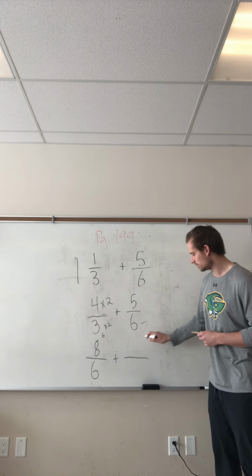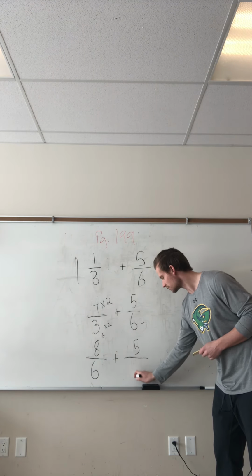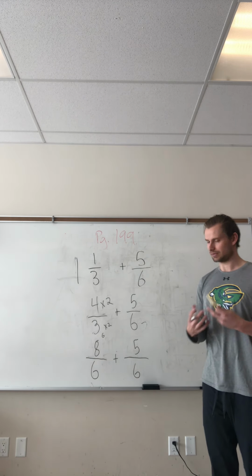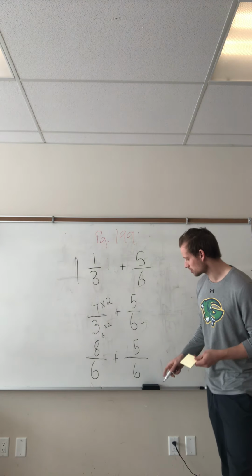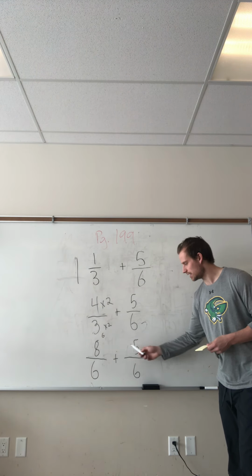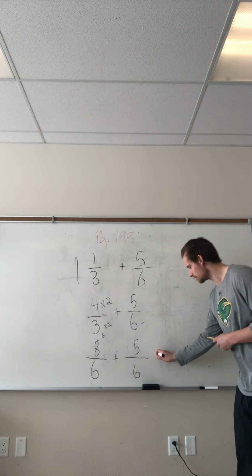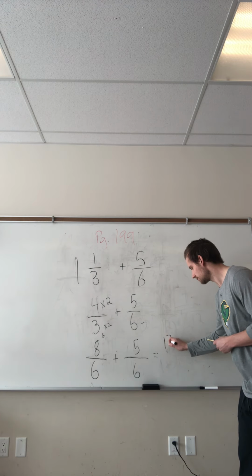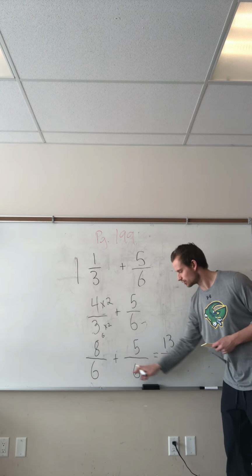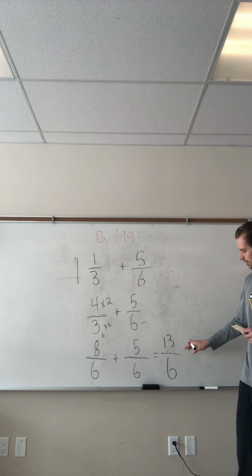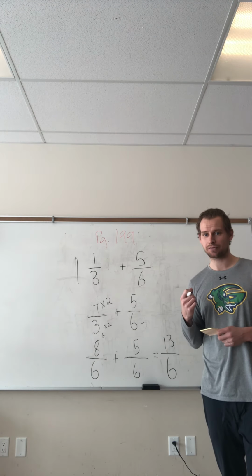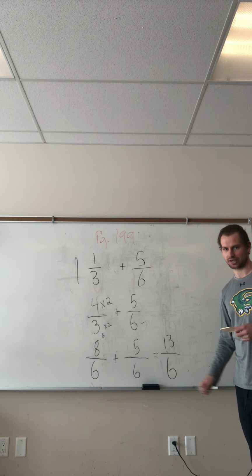No, it did not. 5 over 6. Now, just like you've done back when we were in class with adding fractions, add your numerators. 8 plus 5 is 13. Carry over your denominator of 6. Your answer there as an improper fraction is 13 over 6.